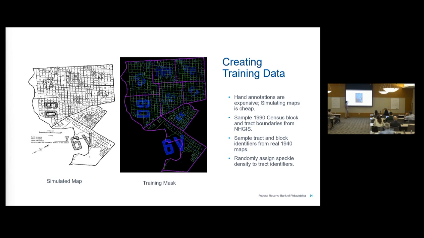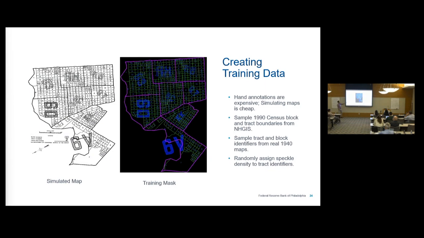What we've done is simulate 1940 census block maps by taking 1990 shapes and sampling tract identifiers and block identifiers and generating these maps. Because we've simulated them, we know exactly pixel by pixel what's on the training mask.